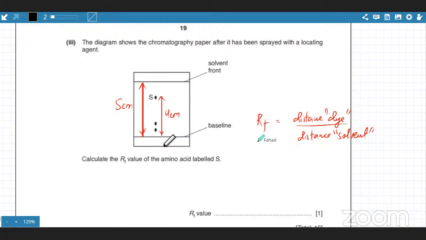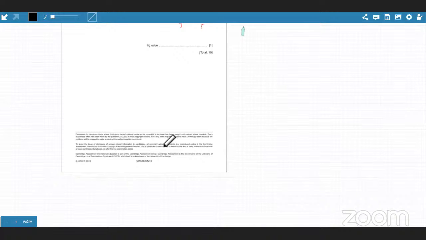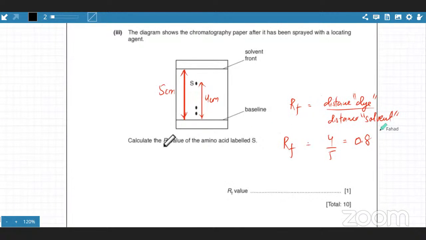Anyways, we're going to use this formula, so the RF value would come out to be 4 over 5, which is 0.8. And that is going to give me the value. So that's what I'm going to write over here. So now we're done with this paper. We're finished with this paper. Whenever I get time, I'm going to try and solve the next paper related to chemistry.